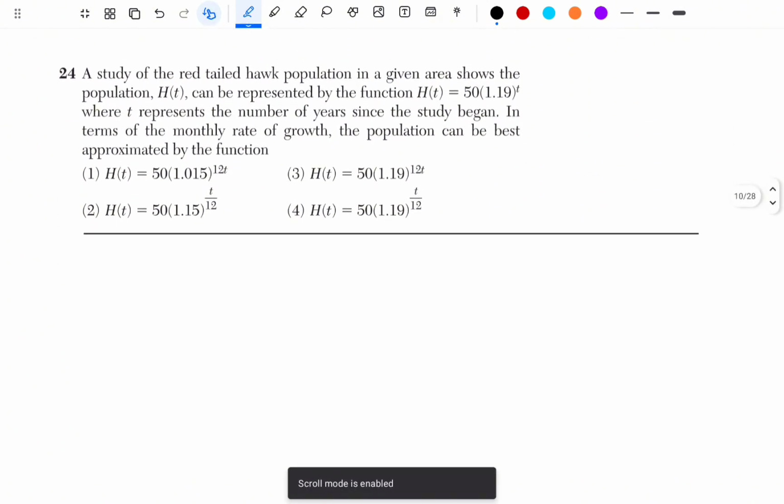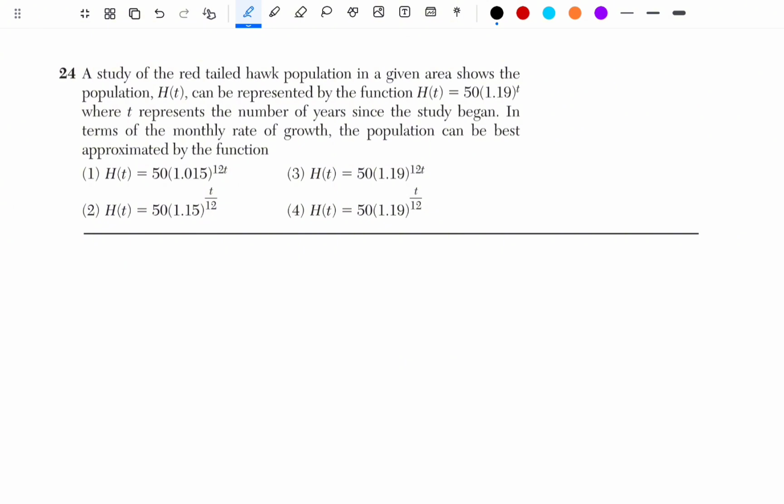So number 24 says, a study of the red-tailed hawk population in a given area shows the population H(t) can be represented by the function H(t) equals 50 times 1.19^t, where t represents the number of years since the study began. In terms of the monthly rate of growth, the population can be best approximated by the function, and then we find out the answer.